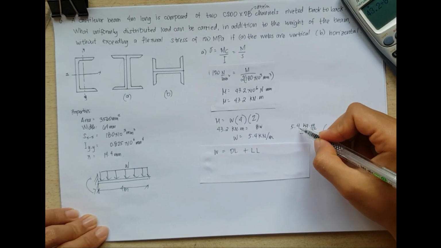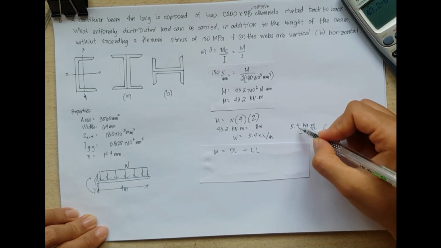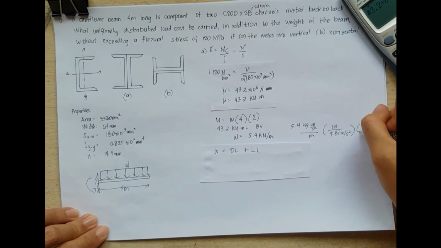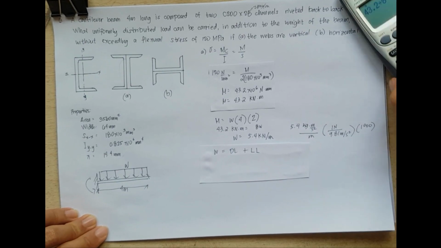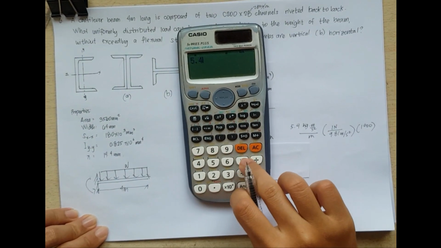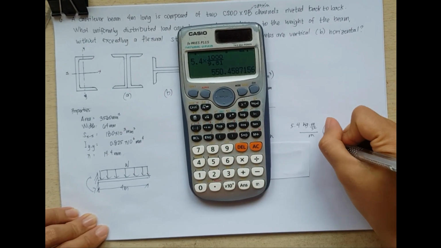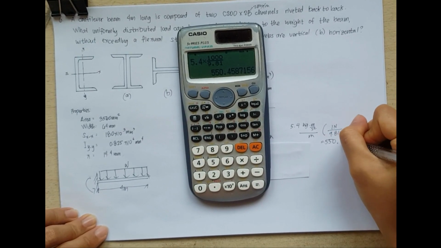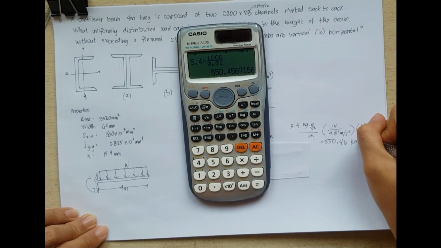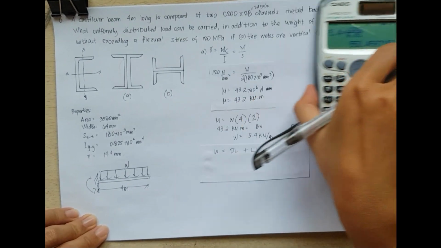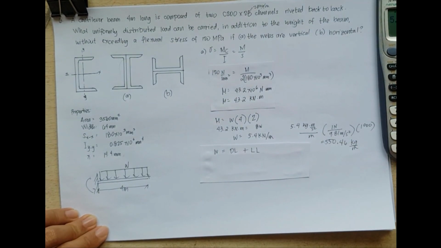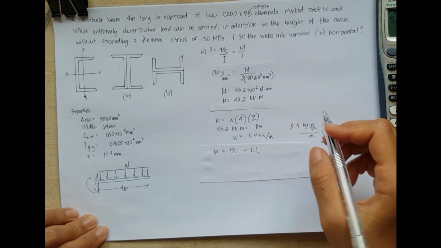Tama? So convert natin into 1,000 pa, so times 1,000. Therefore, it is equal to 5.4 times 1,000. So it is approximately 550.46 kilogram per meter. So yan yung total na distributed load na kinikarry ng beam natin.